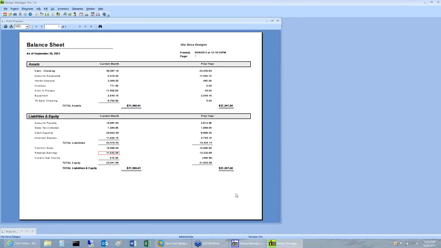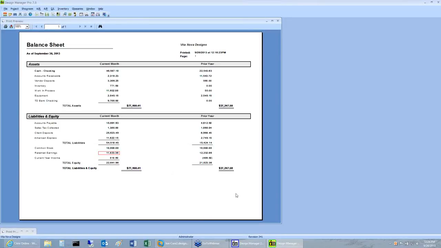Now, you'll see a negative amount under here oftentimes called owner's draw. Sometimes owners aren't paid a salary, they're paid a draw, which is basically a check written out. And then your accountant handles the taxes for that on the back end. So if you see an owner's draw amount there, that may be a negative amount.